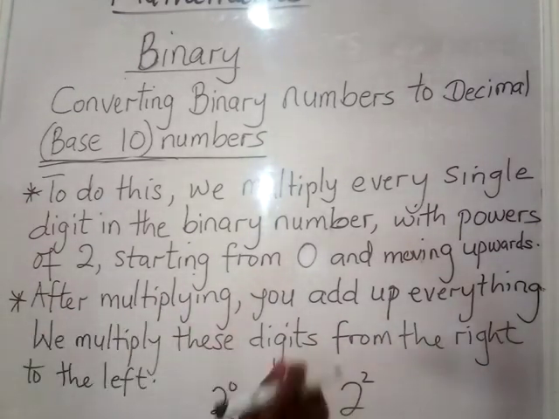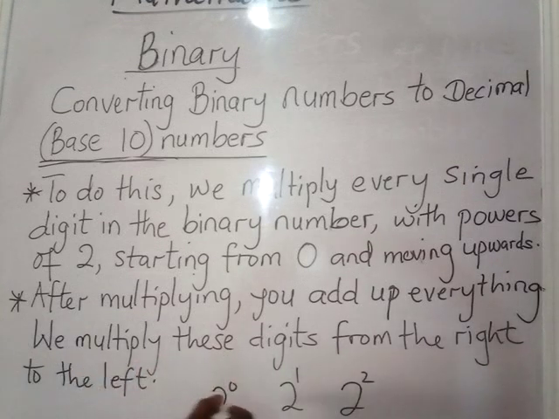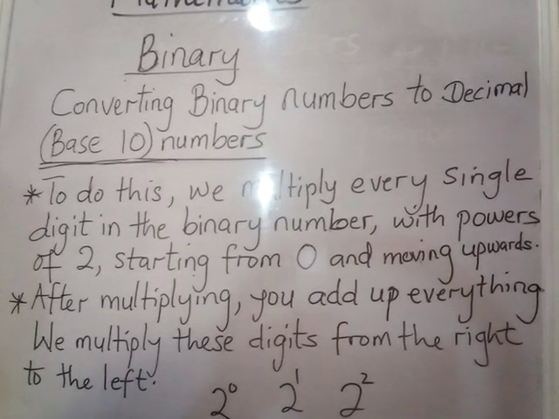You pick one digit, multiply, pick the next, just like that. The powers keep increasing by 1 until you get to the last one. When you have finished, you carry out the multiplication, get the answers, and add everything together. The answer you get will be your number in the base 10 or decimal form.